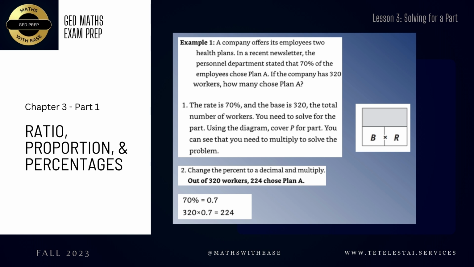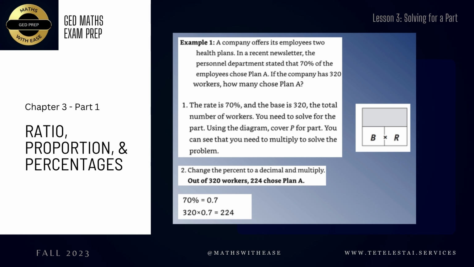So we're basically multiplying 320 by 70% or by 0.7, and you would just simply enter that into your calculator and your answer would be 224. Okay. And then if you wanted to check your answer, you would write, because you said that X is your part, right?